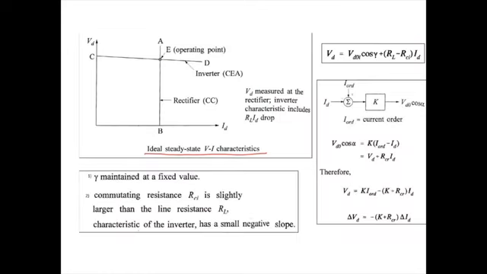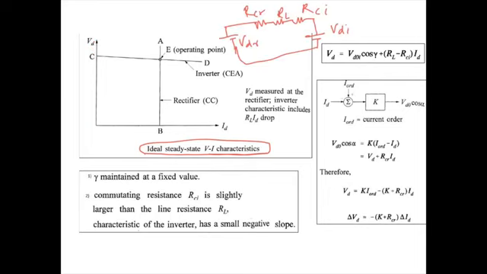Now let's try to draw the ideal steady state VI characteristic of the HVDC link. You can notice that the horizontal axis represents the current Id in the HVDC link, and the vertical axis represents the voltage Vd of the HVDC link.